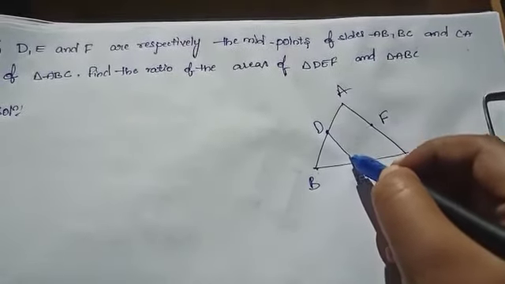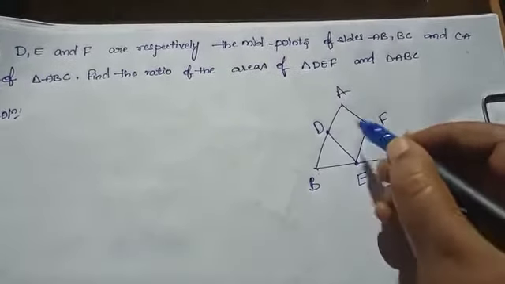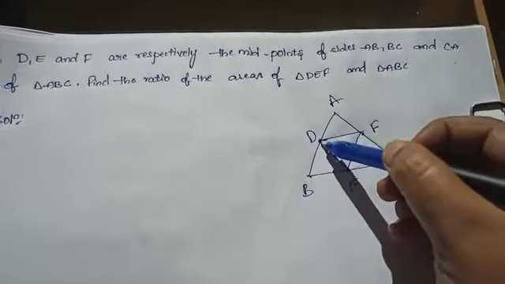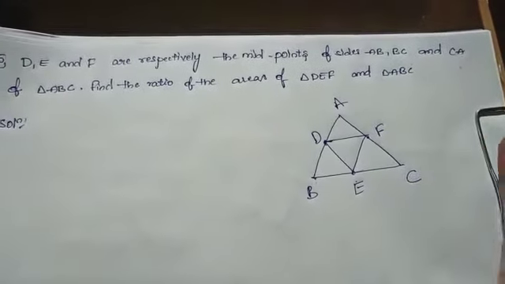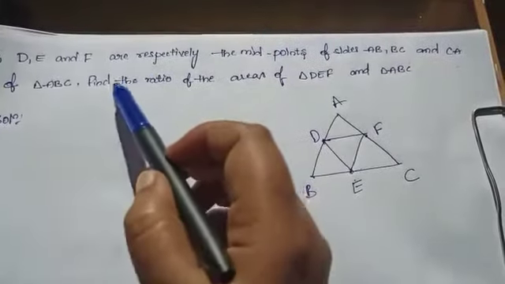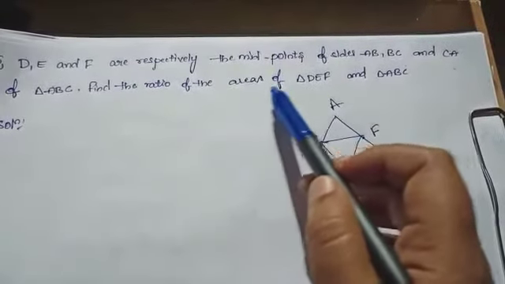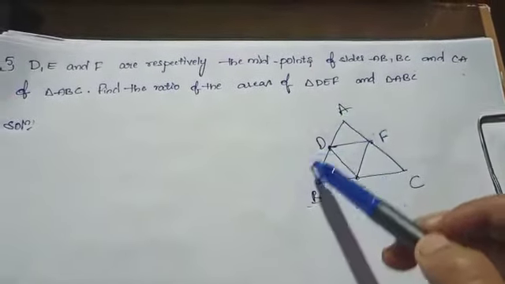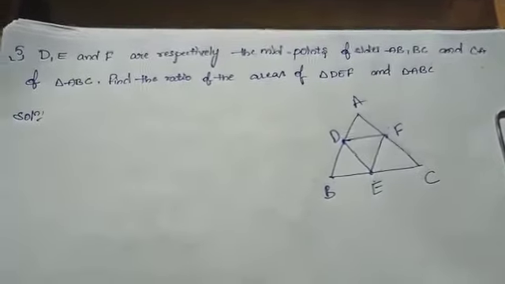Join these points. Here we get one triangle, that is DEF. So here we have to find the areas of triangle DEF and triangle ABC.